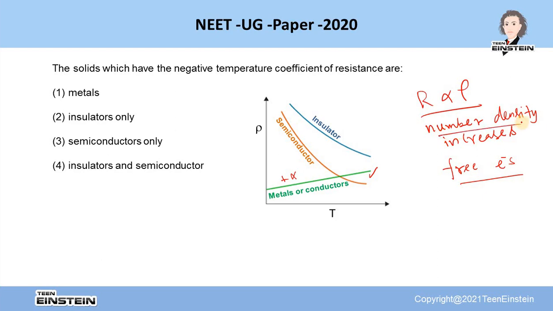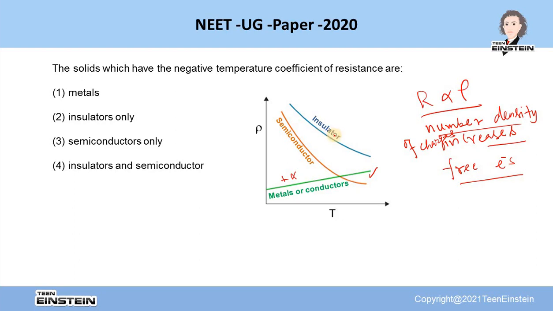So that's how the number density of charge carriers increases. Okay, and therefore conductivity increases and resistivity decreases, and that has a trend as you see here.